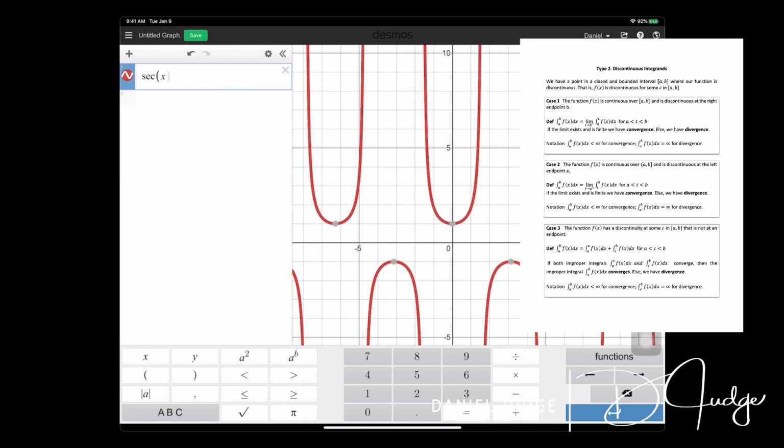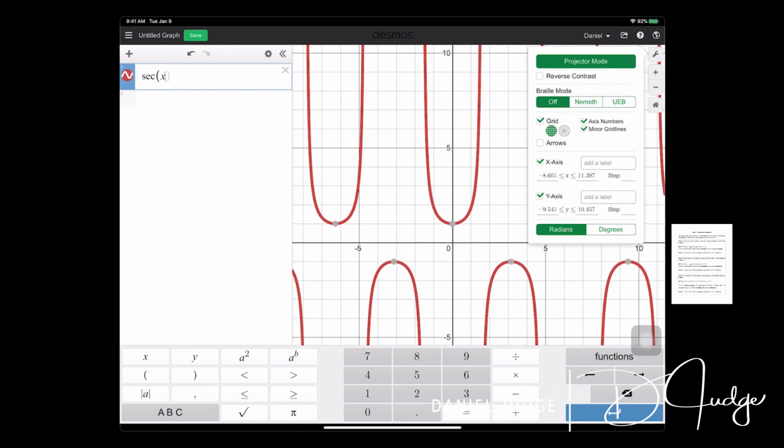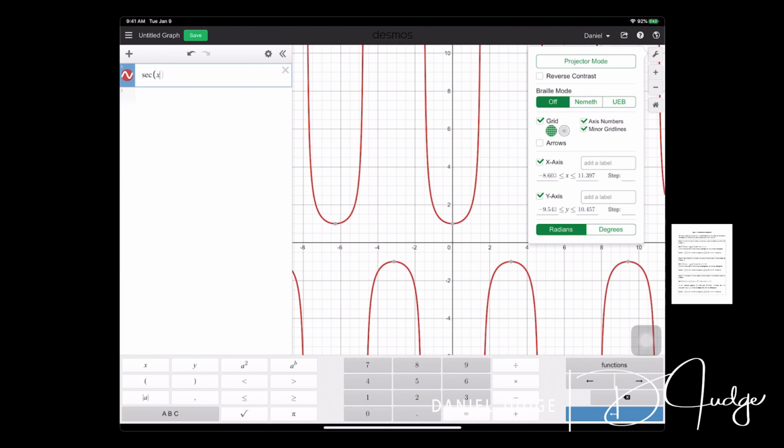Let's remove this and get it out of the way. I'm actually in what is known as projector mode, so I can change that mode if you guys like. Maybe it's too much. Maybe that's a little better.